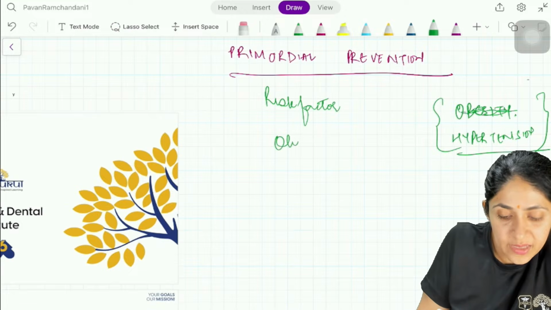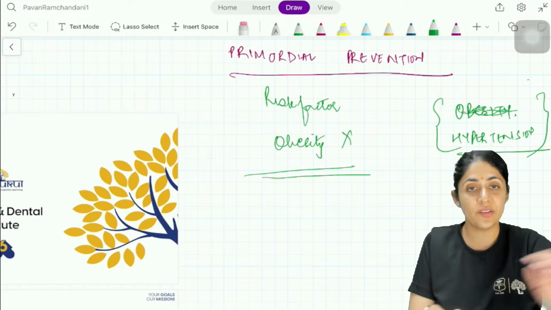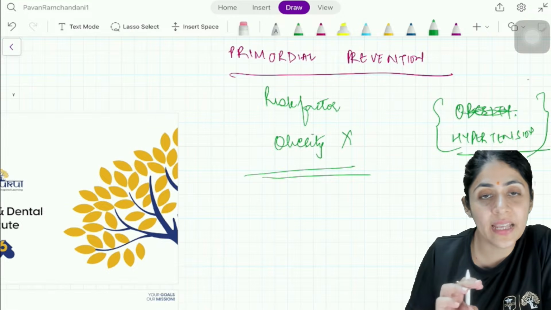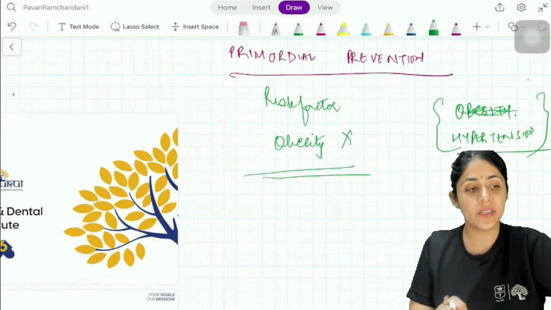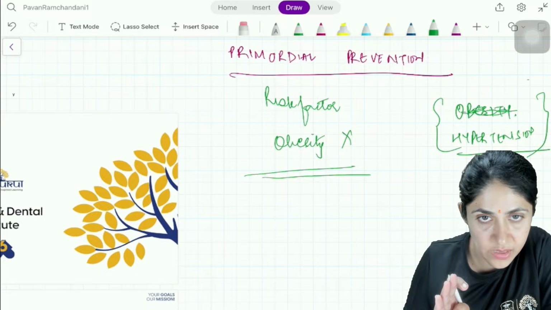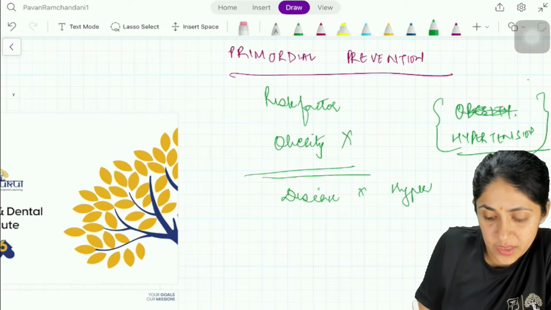So the person is not obese in this case. The other thing is that like obesity, chocolate, snacking, all these things are absent in the pre-pathogenesis phase. Also, the disease is absent. That is, development of hypertension is absent.